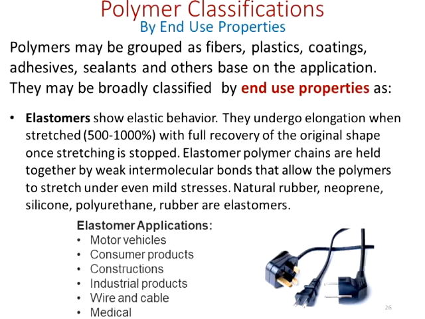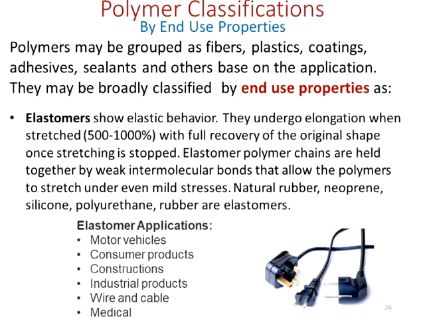It always pops back to its original shape. Elastomer polymer chains are held together by weak intermolecular bonds that allow them to stretch and pop back even under mild conditions. You can stretch them, and the polymer chains move across each other even under mild conditions. And that's what gives it its elastic property.